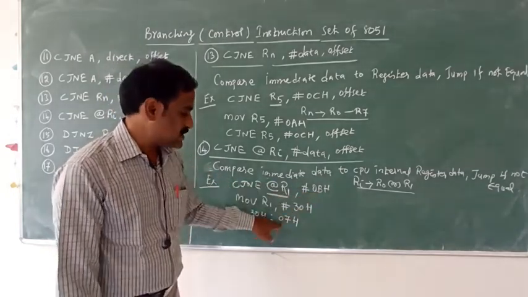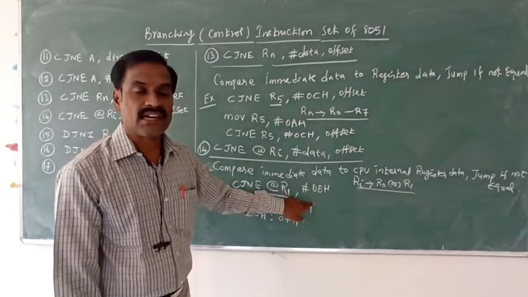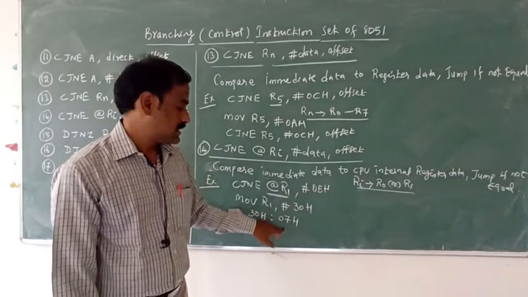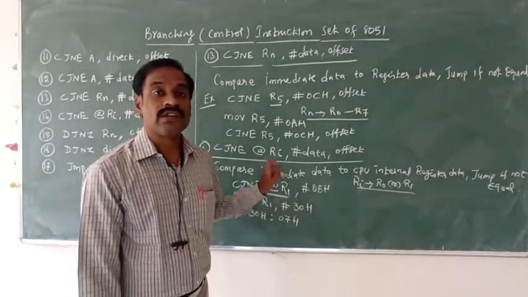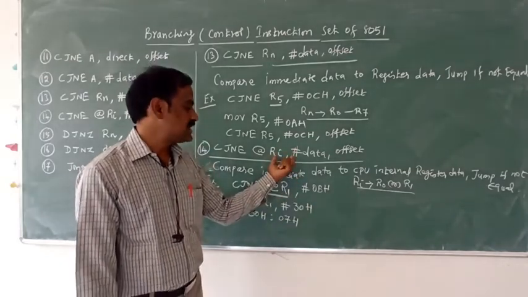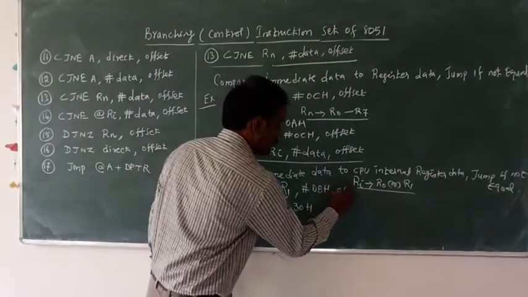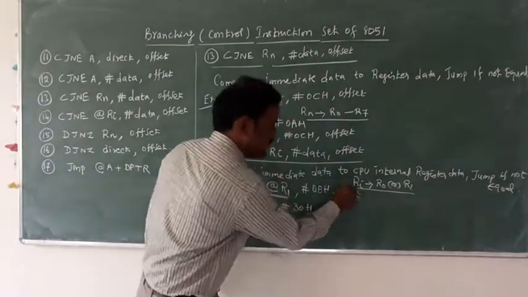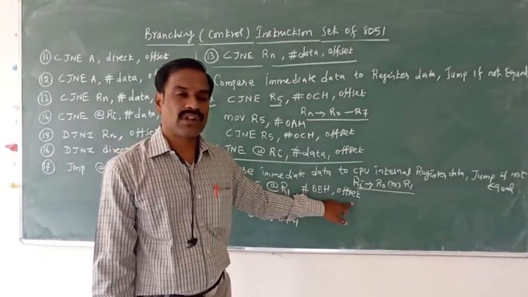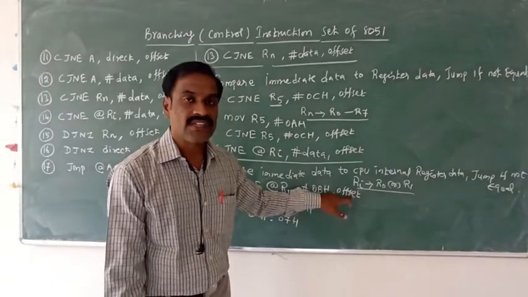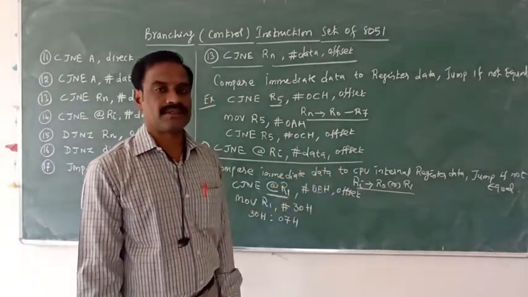Now we compare these two data and check whether both are equal or not. Here 07 and 0B: both data are not equal, so this condition will be satisfied. Satisfied means jump to the given memory address location. Now the program counter sequence will move to this memory address location and execute from this memory.